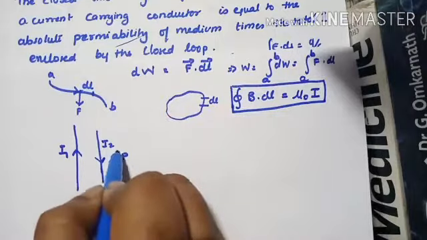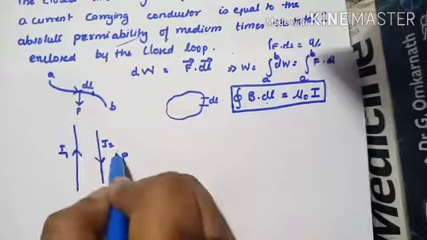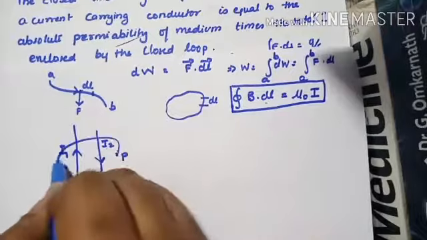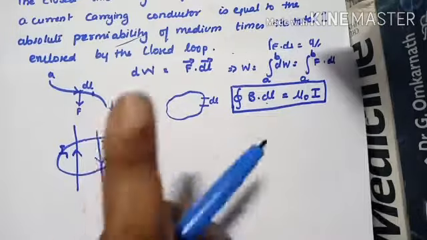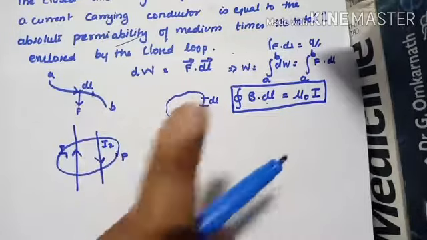I have to draw as per the statement. I just have to consider a closed loop like this. It's not a three-dimensional thing, it's a two-dimensional thing.